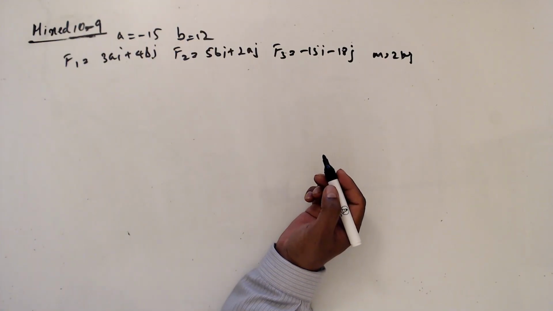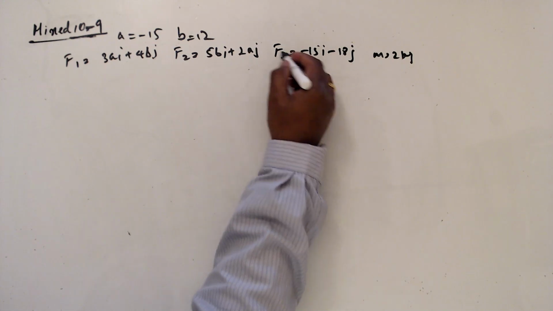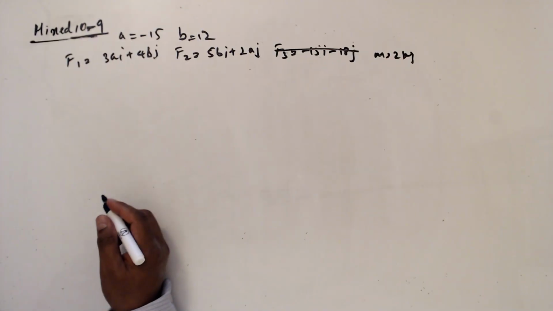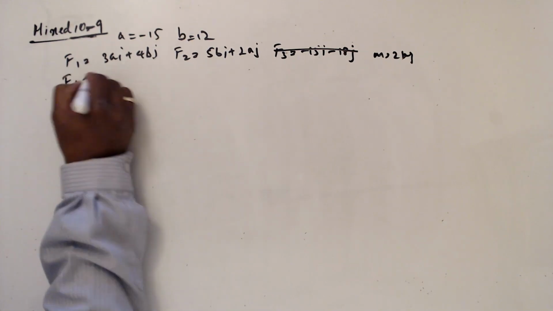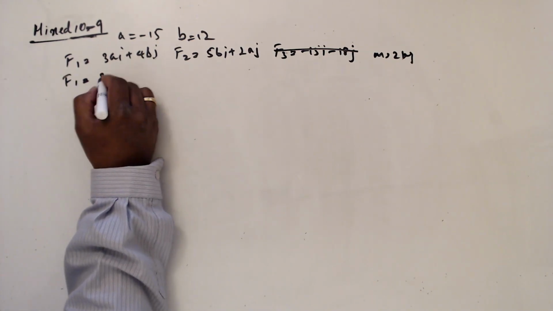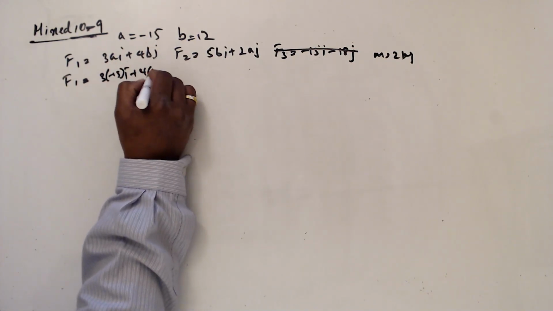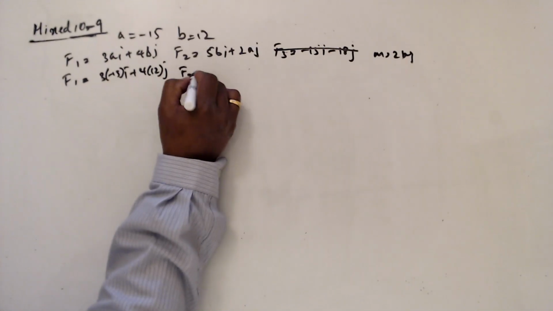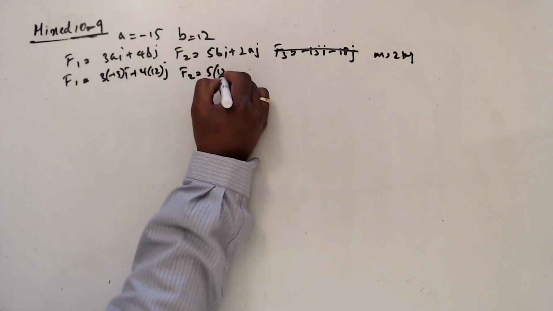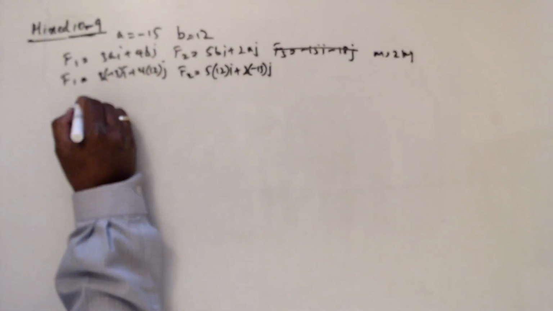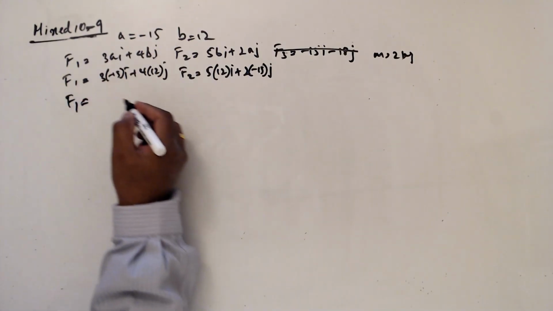Now part B, it says that this one is removed now. Find the magnitude and the direction of the resulting acceleration of the particle. Now it is unbalanced. Now what is F1? F1 is 3 times minus 15 i plus 4 times 12 j. F2 is 5 times 12 i plus 2 times minus 15 j.